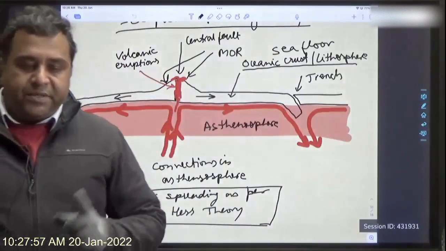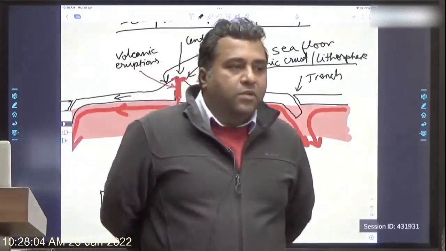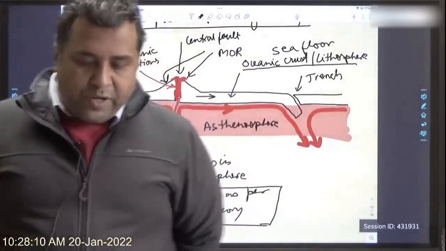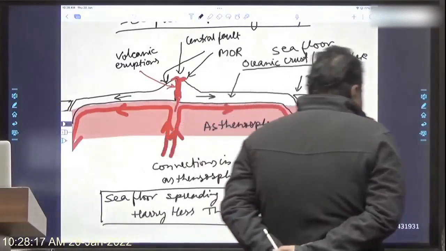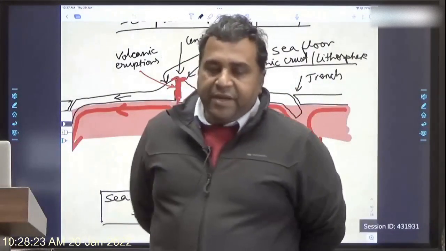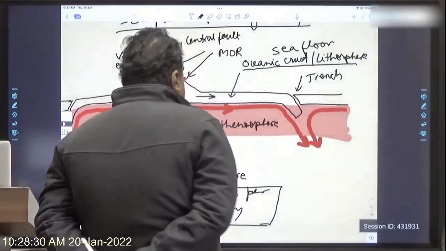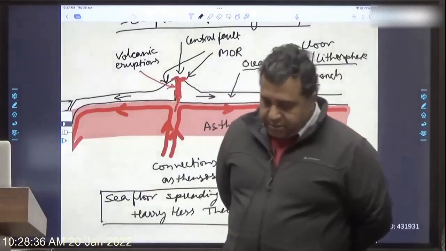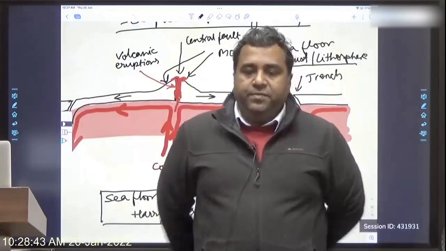like volcanic eruptions at the MOR, newest rocks near the MOR, gradually getting older towards the trench, oldest rocks at the trench, similarity of rocks on both sides at equal distance.